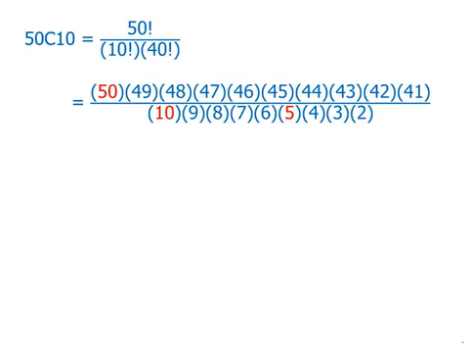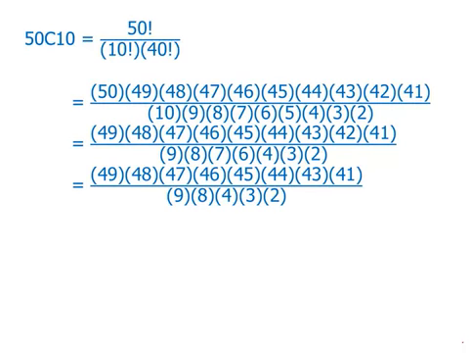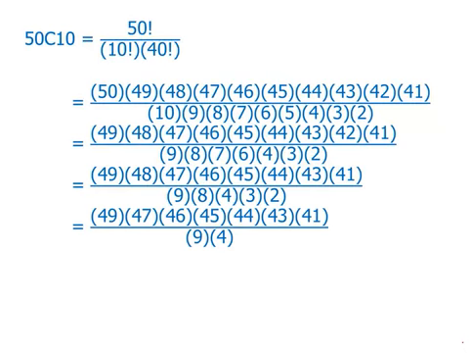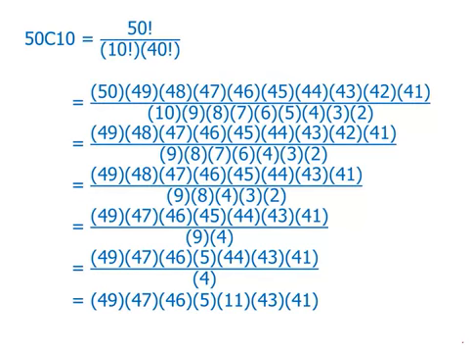So first of all, we can just cancel the 50 with the 5 and the 10 in the denominator. Then we can cancel the 42 with the 6 and the 7. Then the 8 times 3 times 2, or 8 times 6, that cancels 48. We'll divide 45 by 9, leaving us with 5. We'll divide 44 by 4, leaving us with 11.